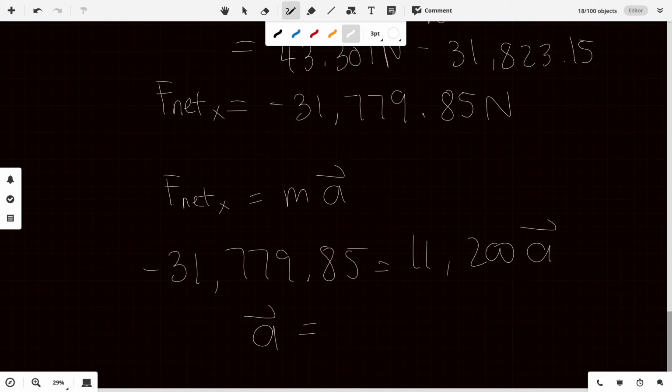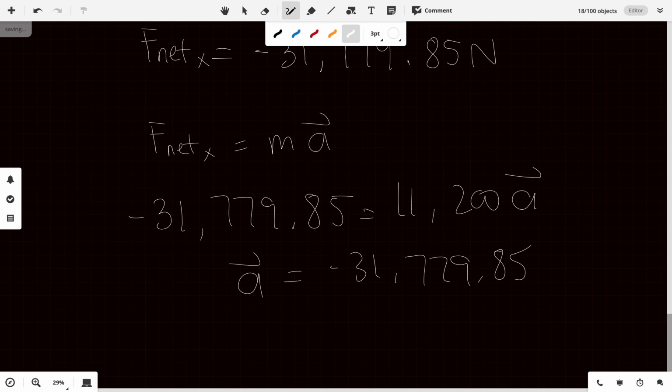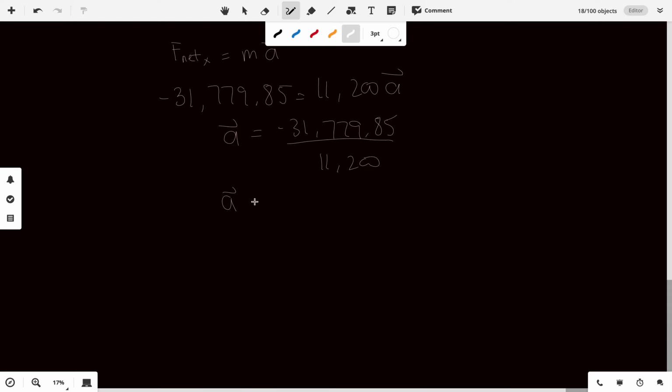If you divide the Fnet by the mass, we get a to be minus 2.84 meters per second squared right, or a to be 2.84 meters per second squared left.